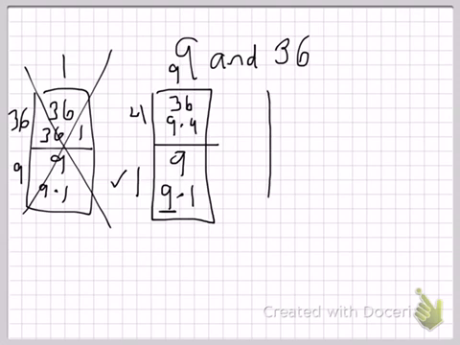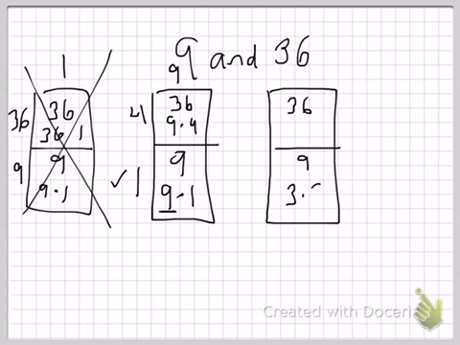All right, there is one more option for 36 and 9, and that is the option when we do 3 times 3 for 9, and we can do 3 times 12 for 36. So 3 would be our common factor, and we would have a 12 and a 3 on the side.